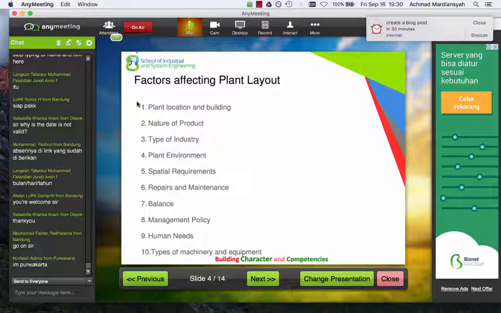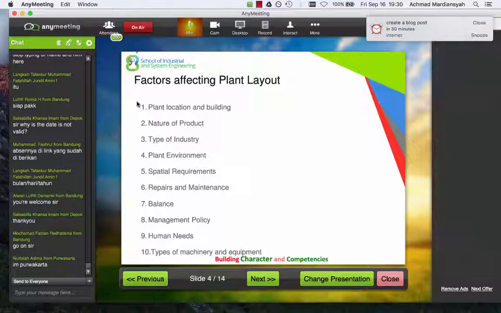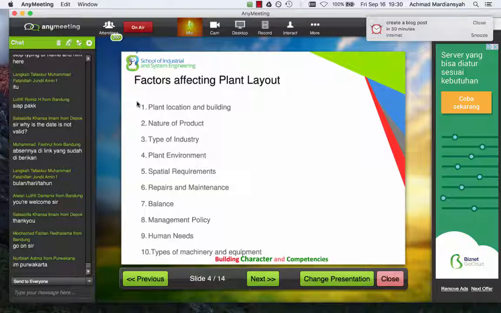The hospital can have a layout. Other factors are the type of industry, the plant environment, whether we are locating in a very dense area or not, and special requirements. Special means space, a room or area that is required for the organization of the factory.